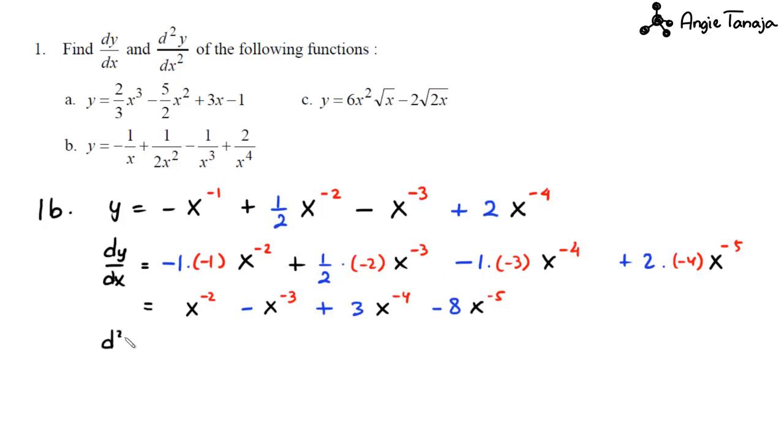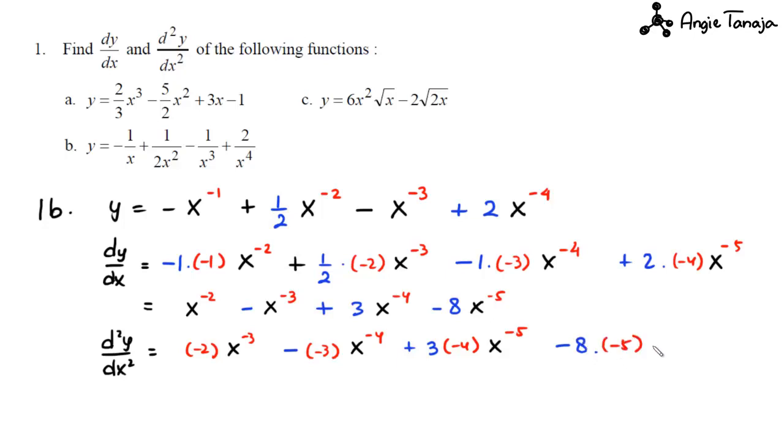And for the second derivative, you do the same thing. This will be negative 2 x to the negative 3. And then you have negative here of negative 3 x to the negative 4, plus 3 times negative 4 x to the negative 5, and then minus 8 times negative 5 x to the negative 6.